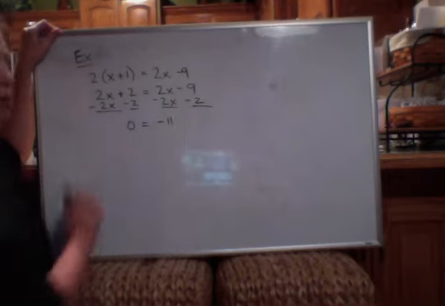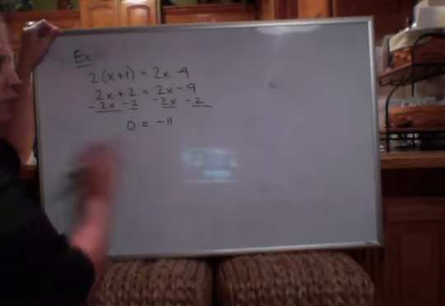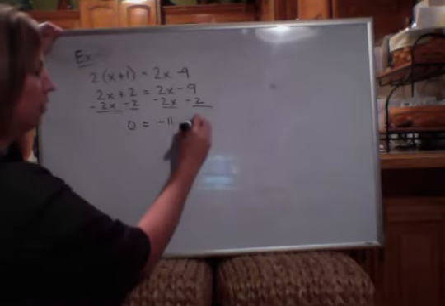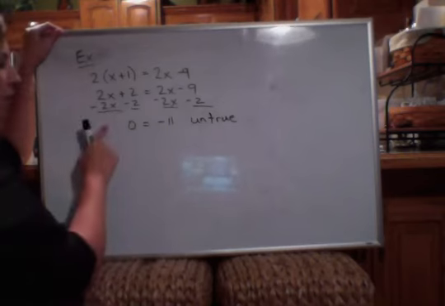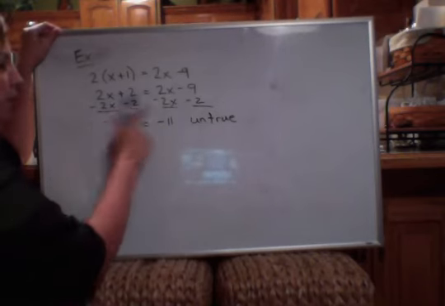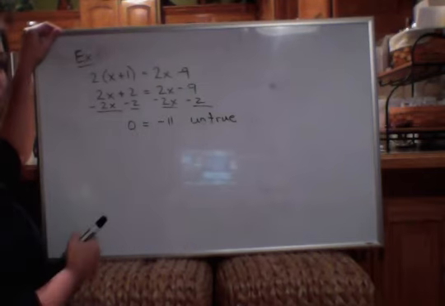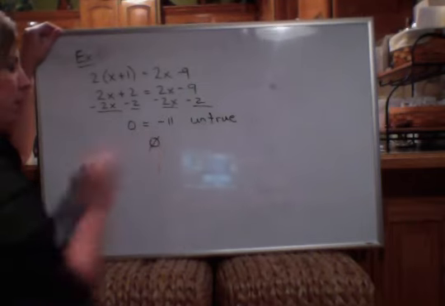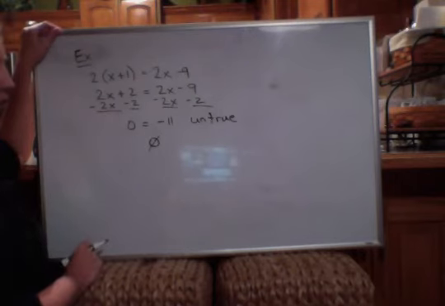So I end up with something like 0 equals negative 11, which is an untrue statement. Okay? Untrue. So when you're solving an equation, if the variables end up canceling out completely and you're left with a statement like this that is untrue, then this equation will have no solution and this will be your answer.